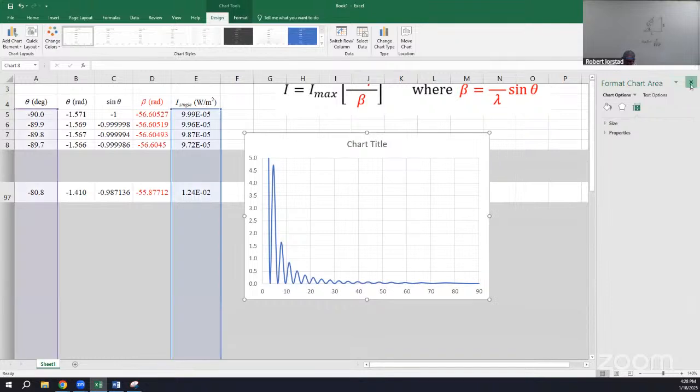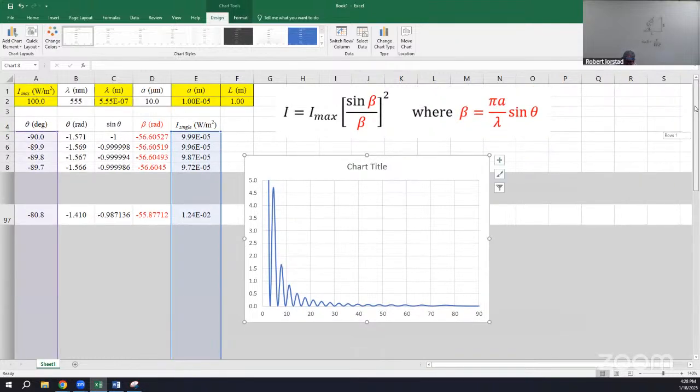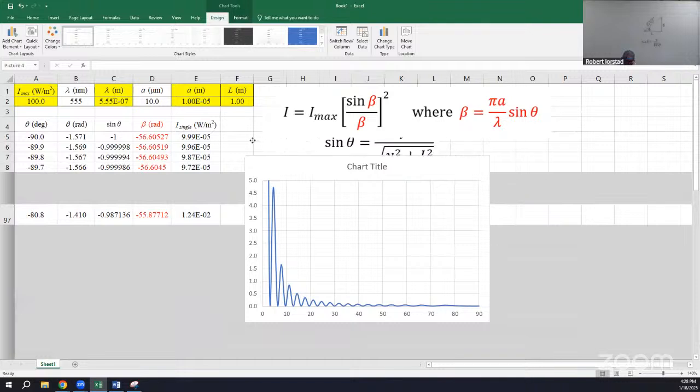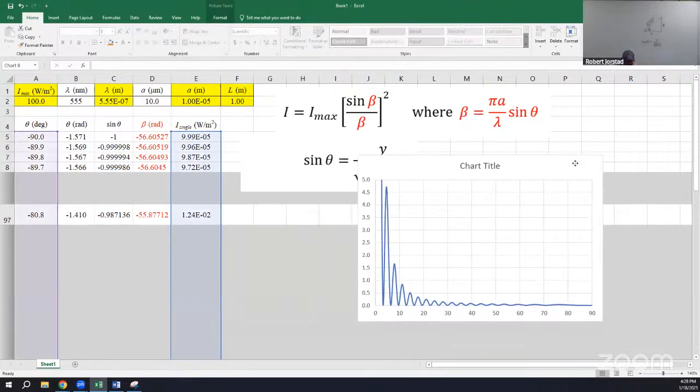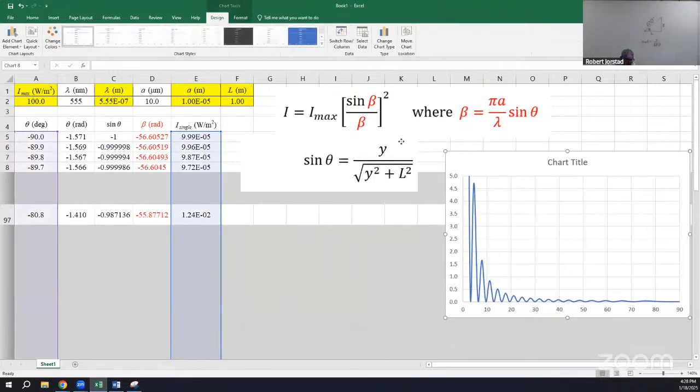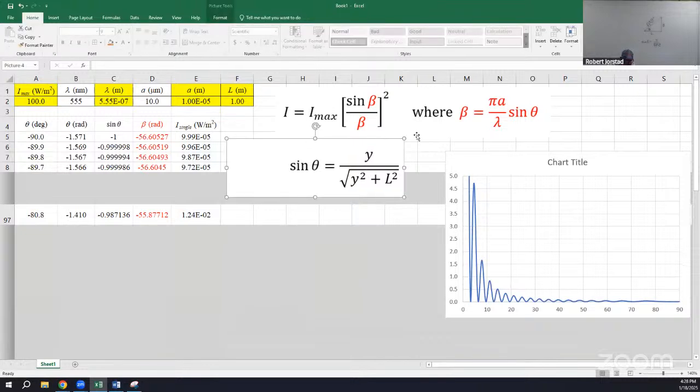Finally, one last thing. How do we get the position involved? Well, if you wanted to do this again in terms of position, what you could do is you could change this, and you could make this y, and then you could figure out sine theta using this equation.